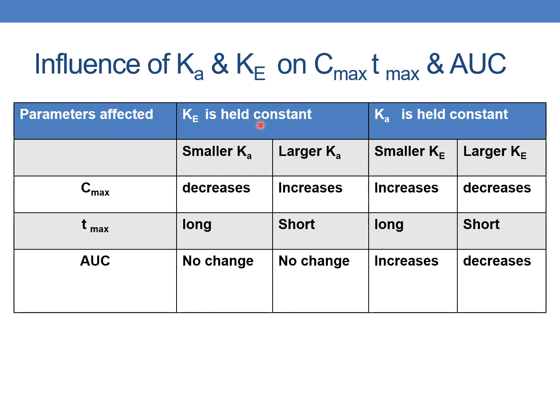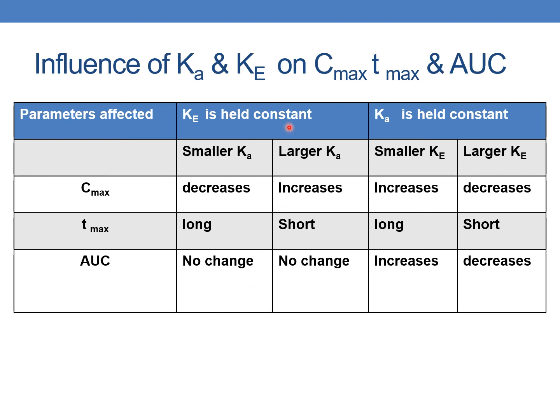In one case the elimination rate constant is held constant, and in the second case the absorption rate constant is held constant. Whenever K is constant and the absorption rate constant Ka is smaller, the Cmax decreases and Tmax will be long. There will be no change in AUC.